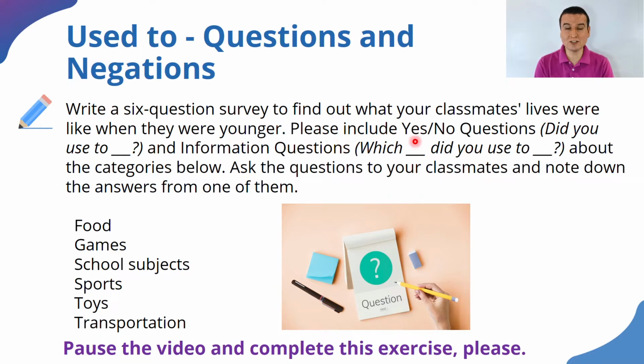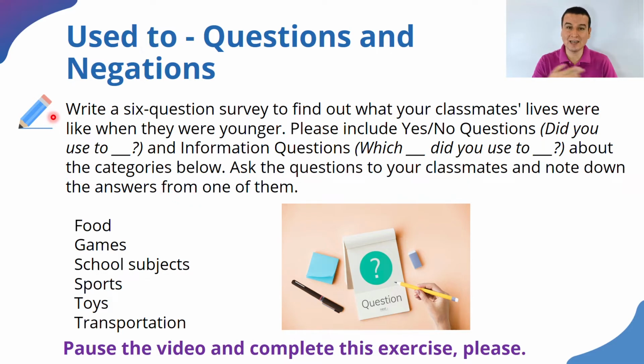Please include yes/no questions like, did you used to? And information questions. Which people did you used to talk to? All right? About the categories below. Ask the questions to your classmates and note down their answers from one of them. So once you have your 6 questions, you're going to ask somebody in your classroom the questions and write down what one student answered.